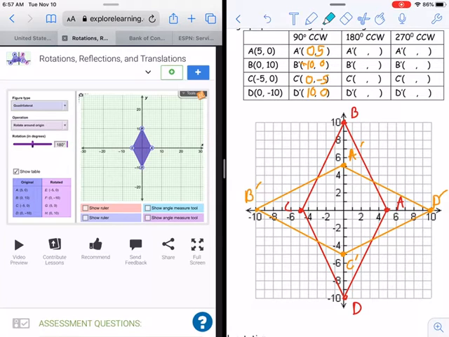All right. However, this is going to be A prime. This is going to be B prime. This is going to be C prime. And that's going to be D prime. And it just looks like that.